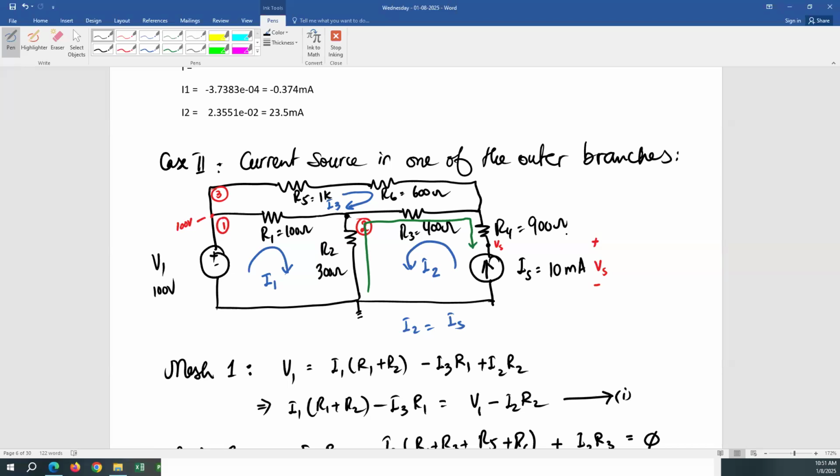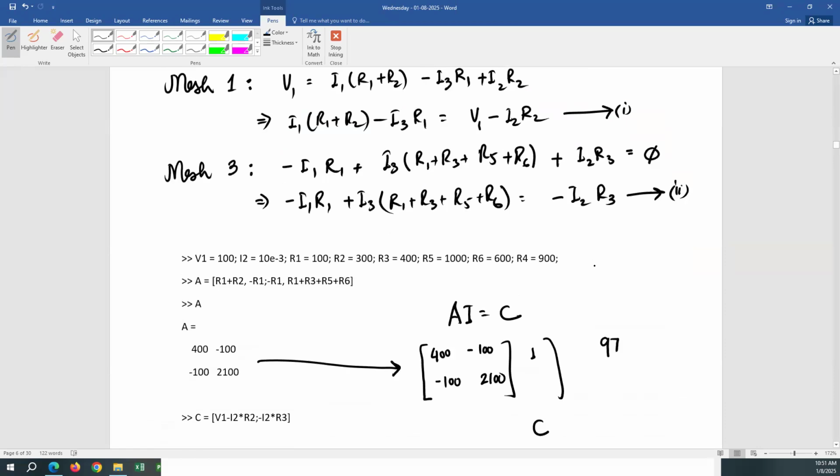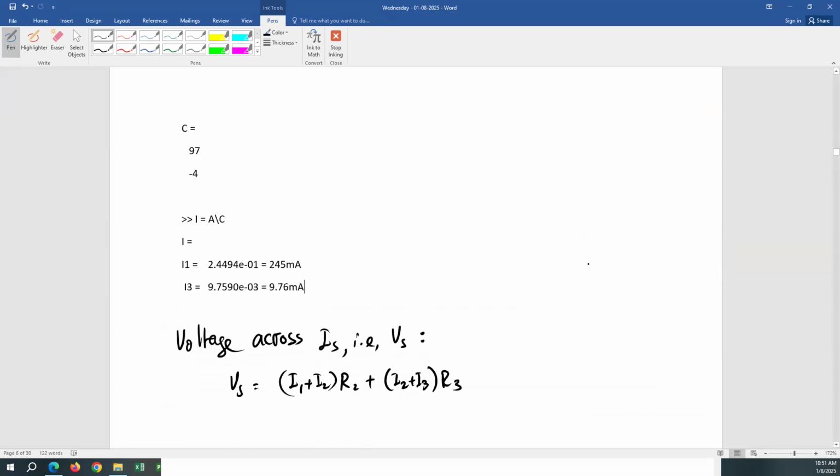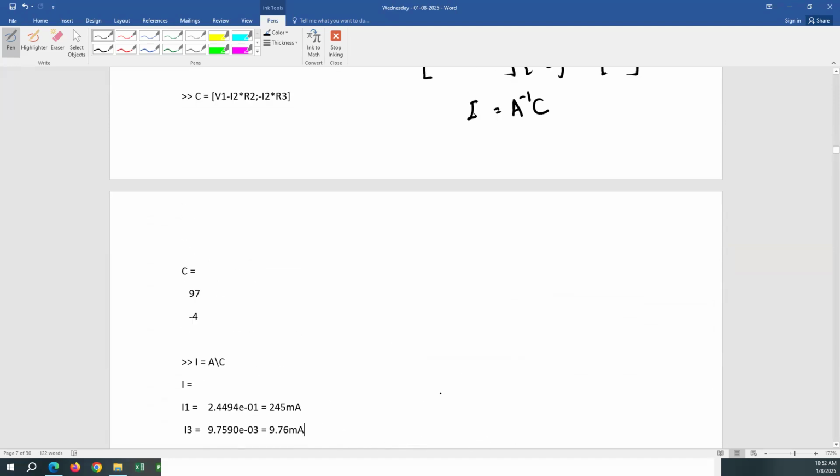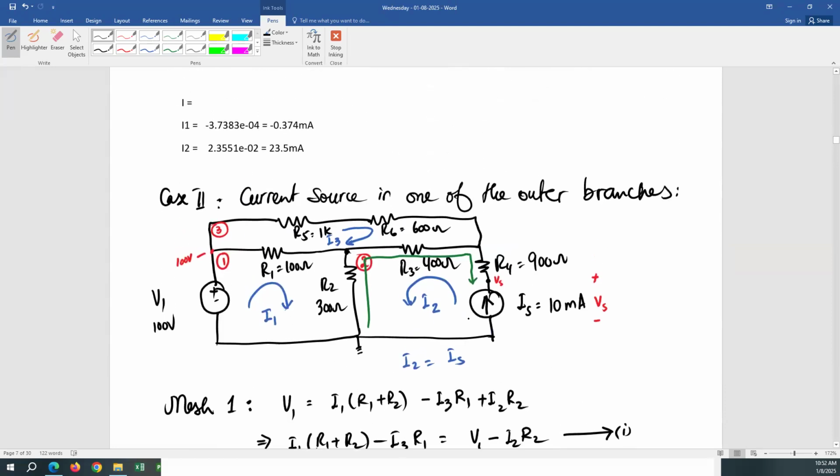That voltage is the voltage that was dropped in that resistor R4. I gained that voltage when I went through that. So that's going to be I2 times R4 plus I2 times R4. And that is going to be your voltage at Vs.